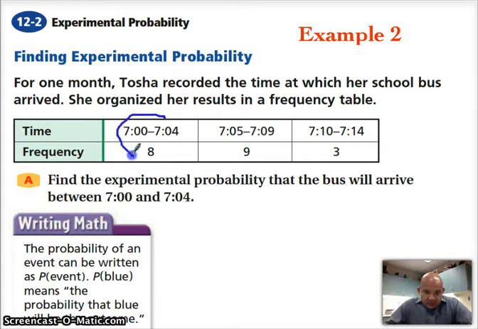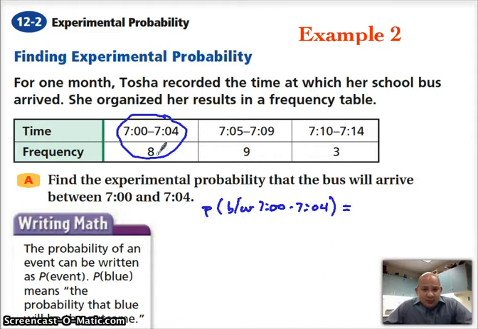So we're going to take a look at this right here. And we see that the probability of the bus arriving between, and I'm going to write down some abbreviations here, between 7 o'clock and 7:04 equals, well, the number of times that outcome occurred, and that occurred 8 times during the time that she was running this experiment, out of how many total trials, how many total times did she observe this bus arrive?